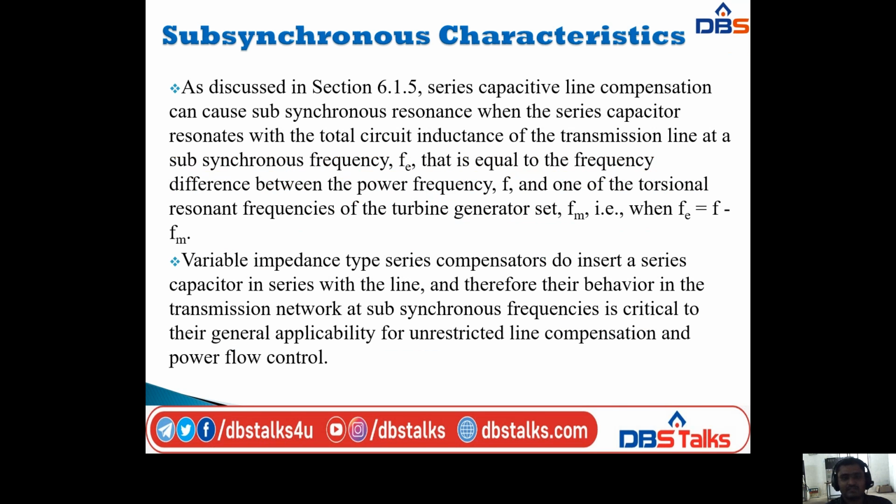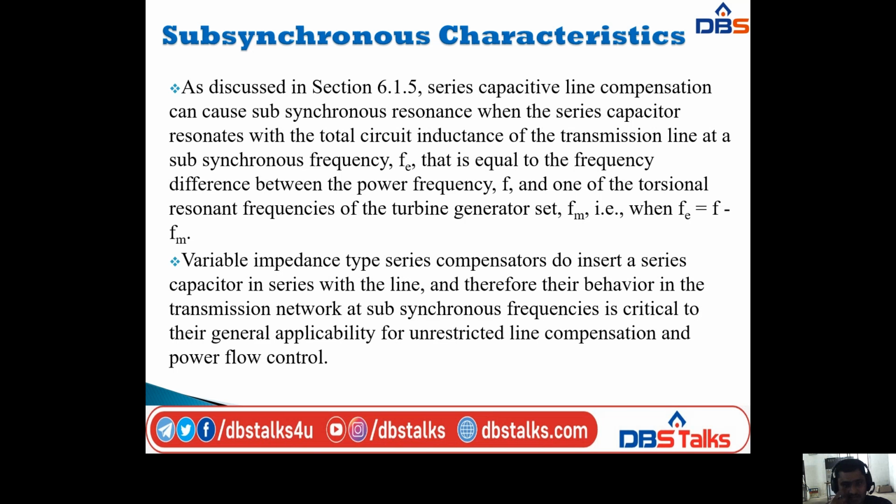We discussed subsynchronous resonance and subsynchronous oscillation damping in the previous sections. Series capacitor line compensation can cause subsynchronous resonance. This happens when the series capacitor resonates with the total circuit inductance of the transmission line at a subsynchronous frequency, that is FE.